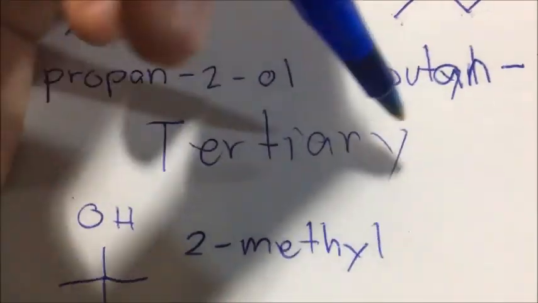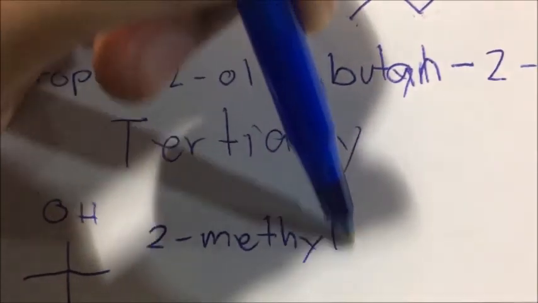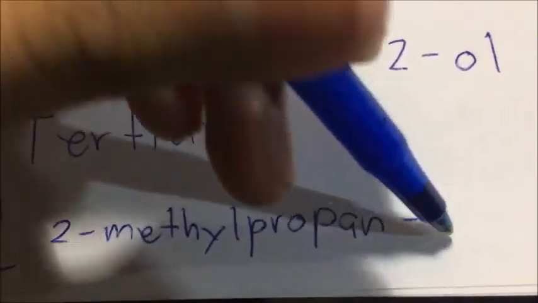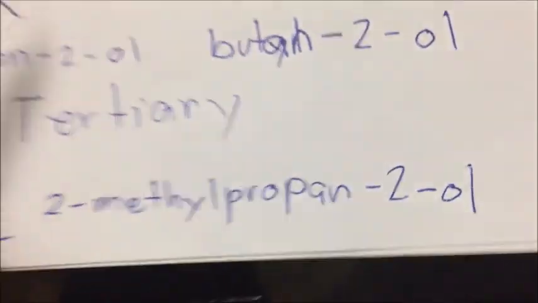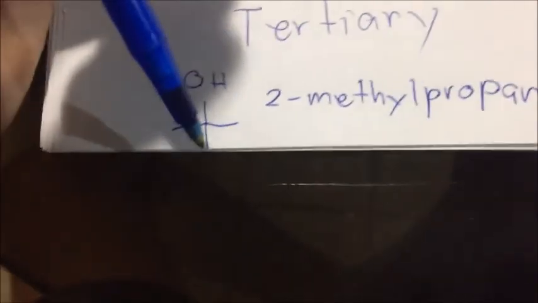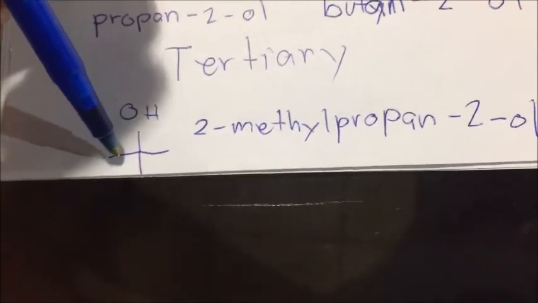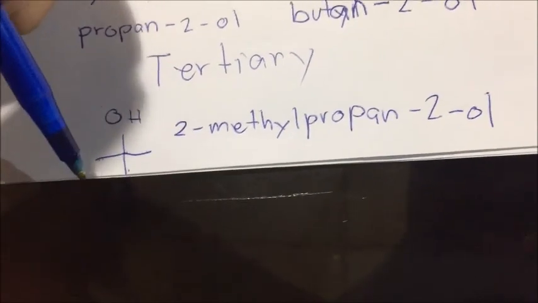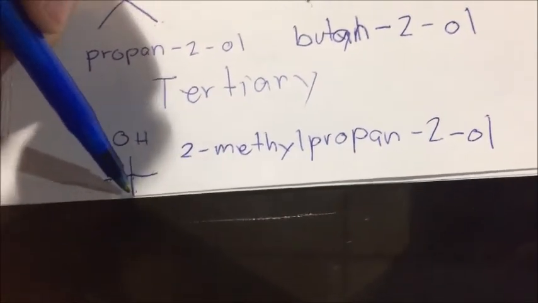2-methylpropan-2-ol. Oh, the name's pretty long. Well, I'll explain why. We've identified the longest carbon chain to be a propane. Why? 1, 2, 3. Or 1, 2, 3. And then, connected to this carbon chain are two groups.